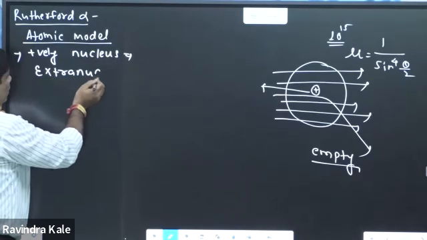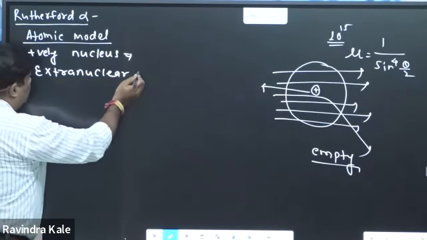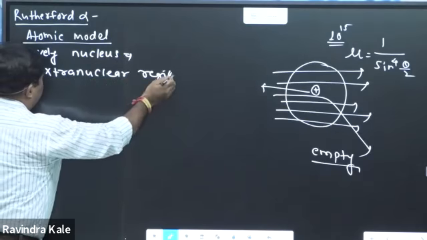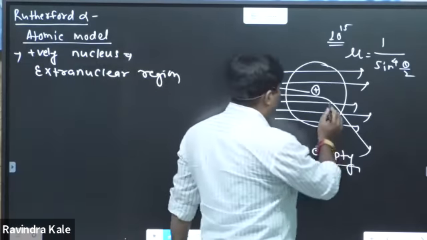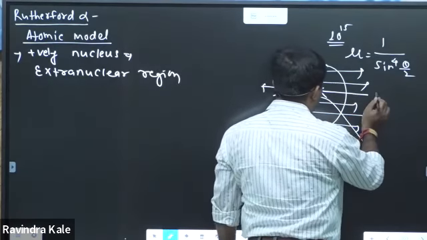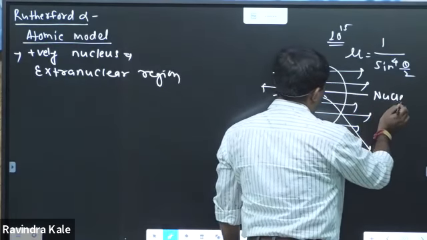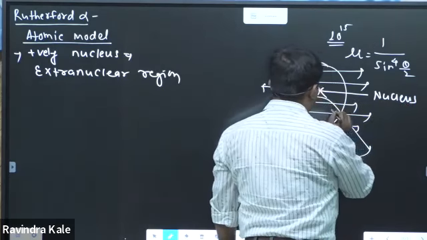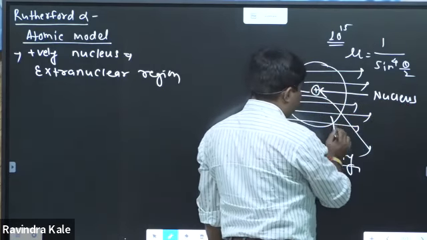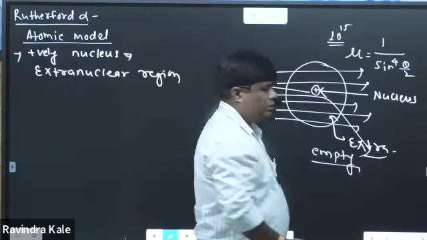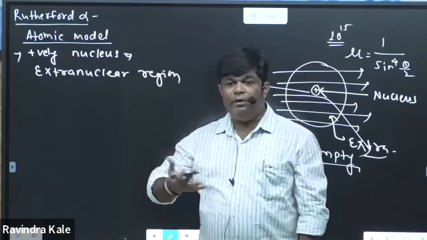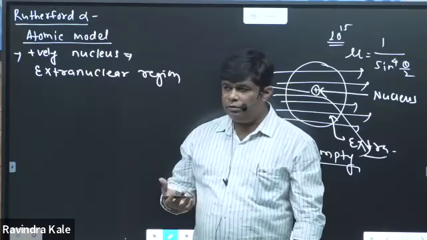Note, the extranuclear region. So what did Rutherford say? The atom consists of a central, denser part, the nucleus, and the part of the atom other than the nucleus is called which region? The extranuclear region, and this extranuclear region is hollow. This is the empty part of an atom.